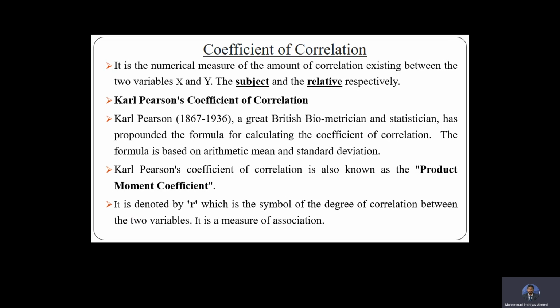It is the symbol of degree of correlation between two variables. It is a measure of association. So normally if you see this Karl Pearson coefficient, it starts with r. This r indicates the degree of association between variables x and y.